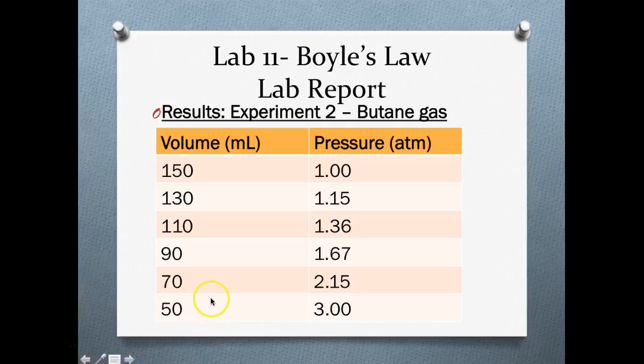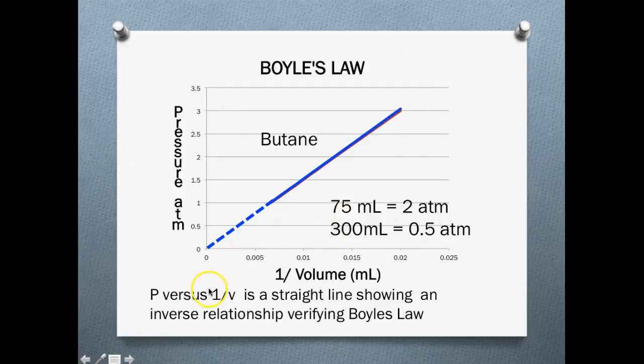Okay, and so this was the result for butane, and as you can see, it's quite similar to that of propane. And the plot here, I have it correctly, pressure versus 1 by volume, and again 75 ml, as I explained before, is around 0.013.